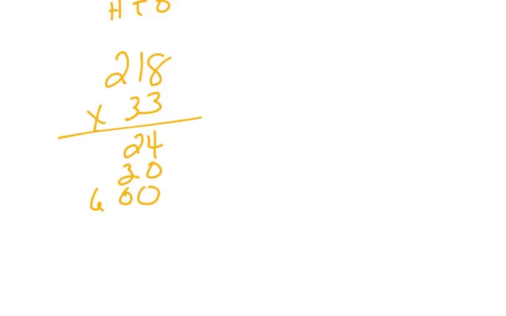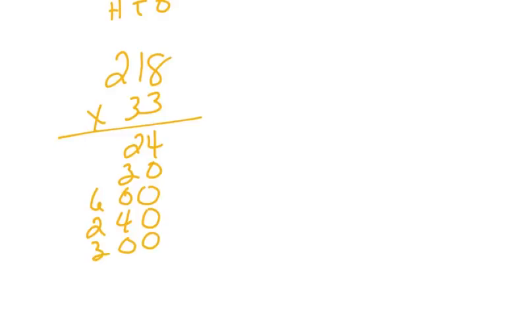Now we're going to distribute our 30 across the place value positions of 218. So now 30 times 8 is 240. 30 times 10 is 300.